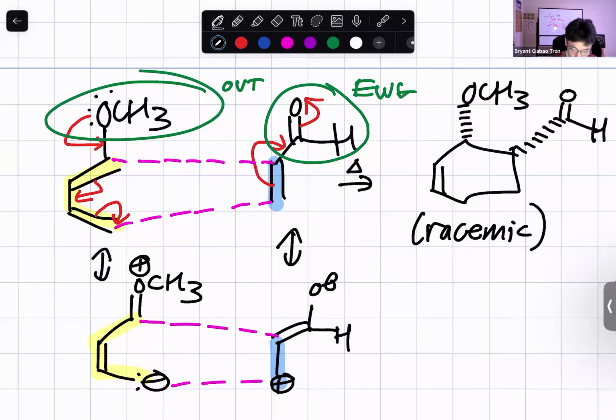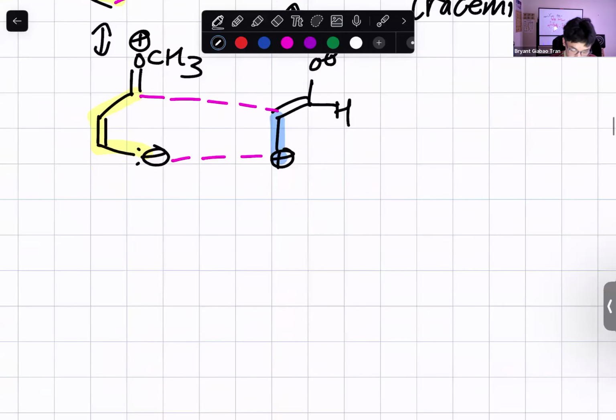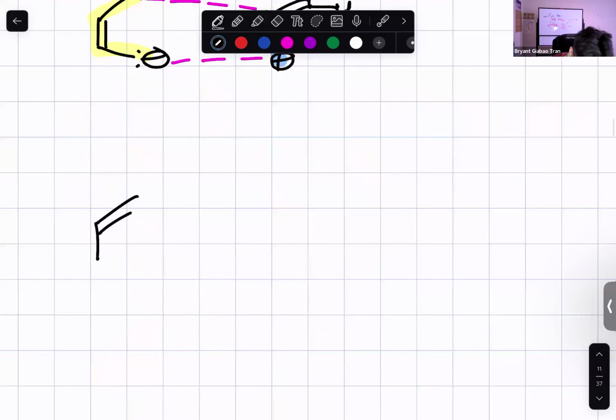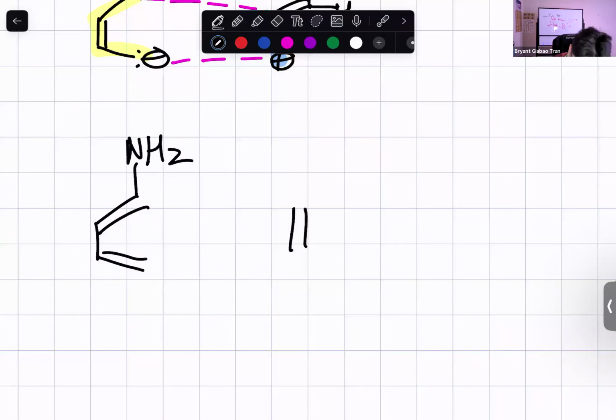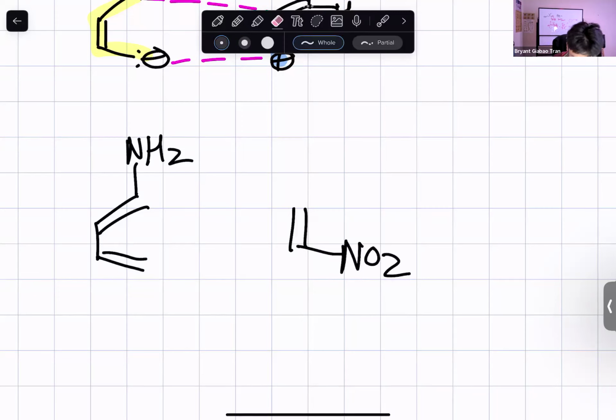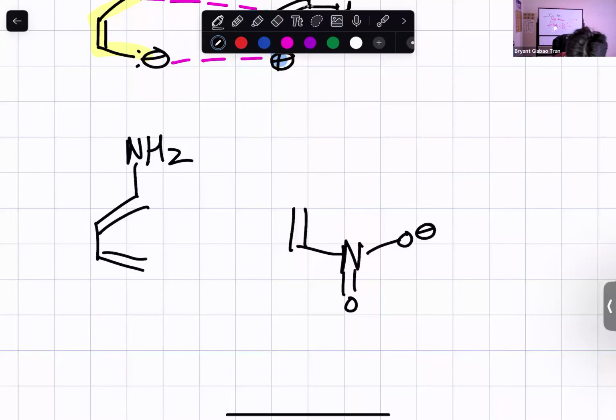Okay, so now let's increase the difficulty. Let's say that we have this EDG, and we have this EWG. And I'm going to draw out the NO2 in its Lewis structure to show why it's a strong EWG. Right?